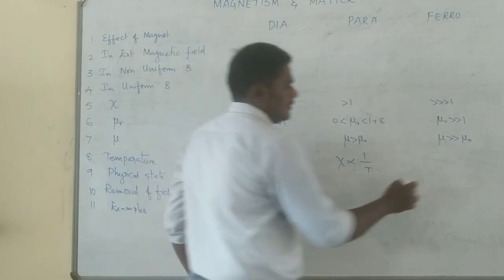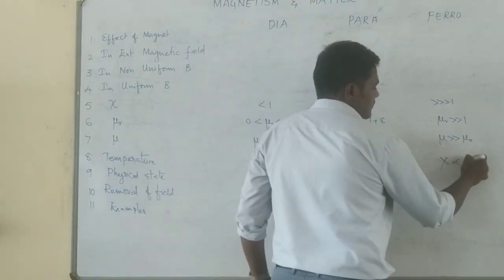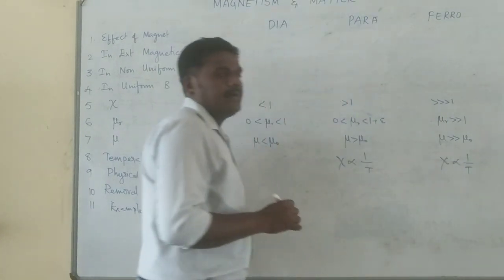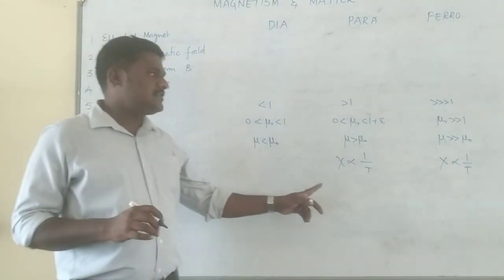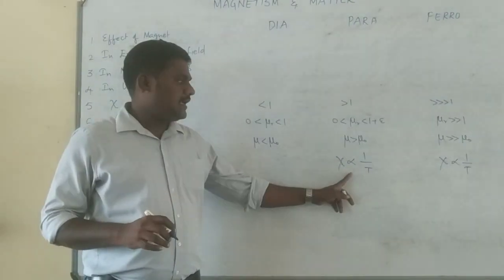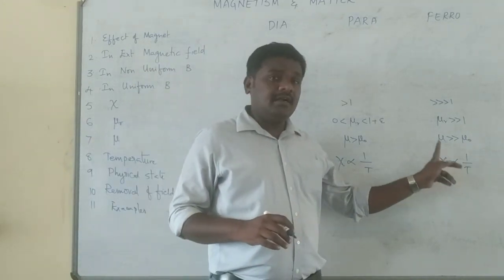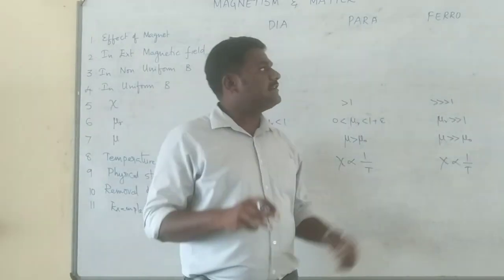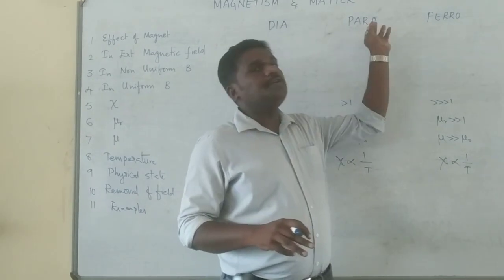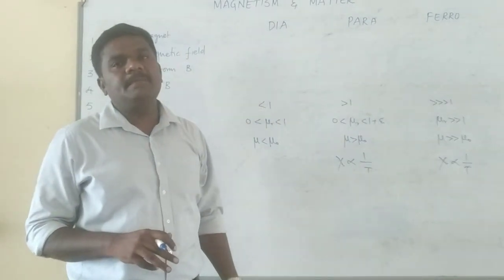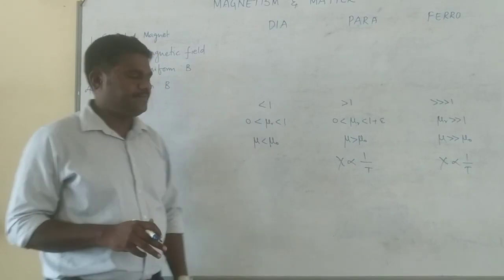The same relation holds for ferromagnets. As the susceptibility decreases, at a particular temperature ferro will turn into para. That particular temperature is known as Curie's temperature.